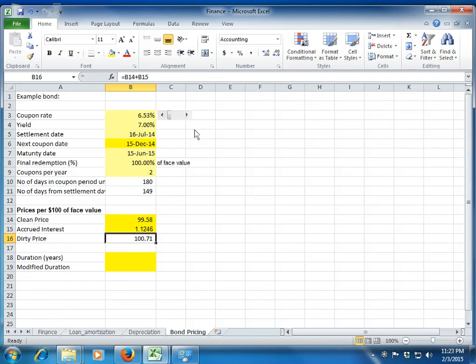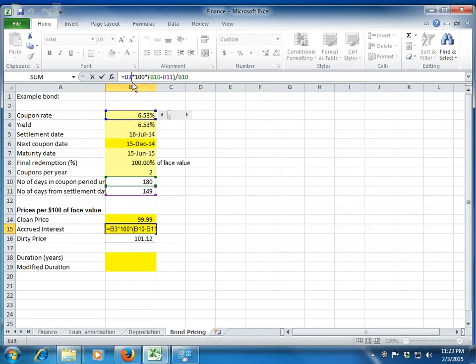If you want to check whether your calculation is right or wrong, make sure that you set your yield equal to your coupon rate. And I see this is 99.99, and let me just check this formula here again. So coupon rate into the bond price, that is the accrued interest. Oh sorry, this will not be the coupon rate but the yield. Now I am correct.